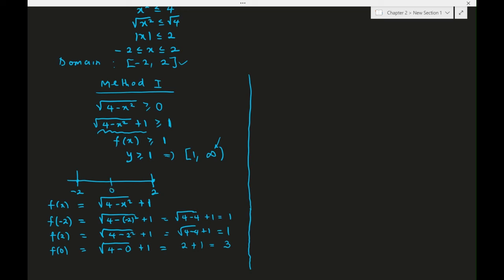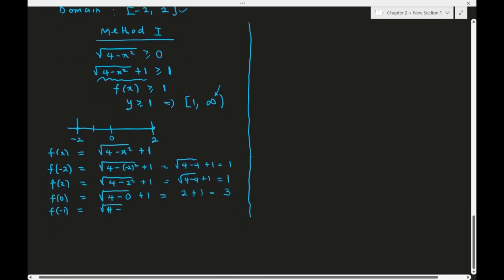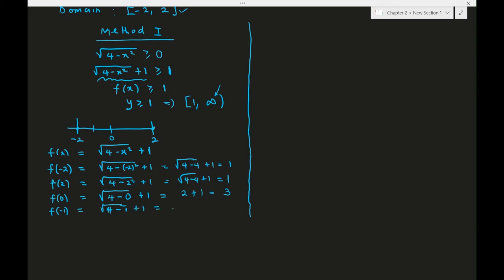Okay. Now, remember we just tried 0. You can try other numbers. For example, in between here, let's take minus 1. F of minus 1, you will have the root of 4 minus 1, plus 1.